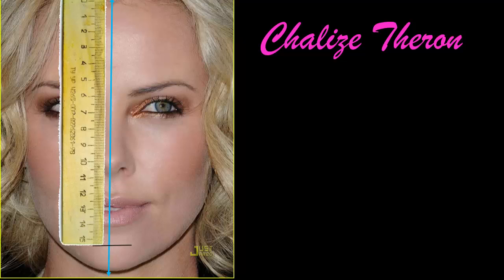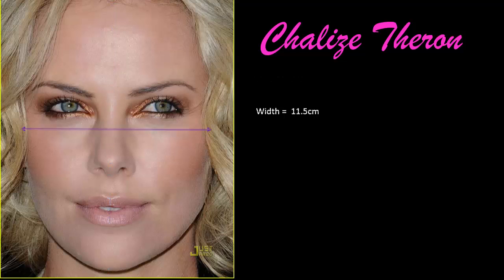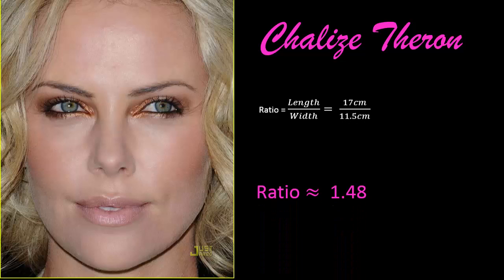If the ruler measures 15 centimeters and we use another 2 centimeters on the second ruler, we obtain a length of around 17 centimeters. Her width is around 11.5 centimeters. To obtain her ratio, we will divide the length of her face by the width of her face. Therefore, we will divide 17 centimeters by 11.5 centimeters. This means that the ratio of her face is approximately 1.48.